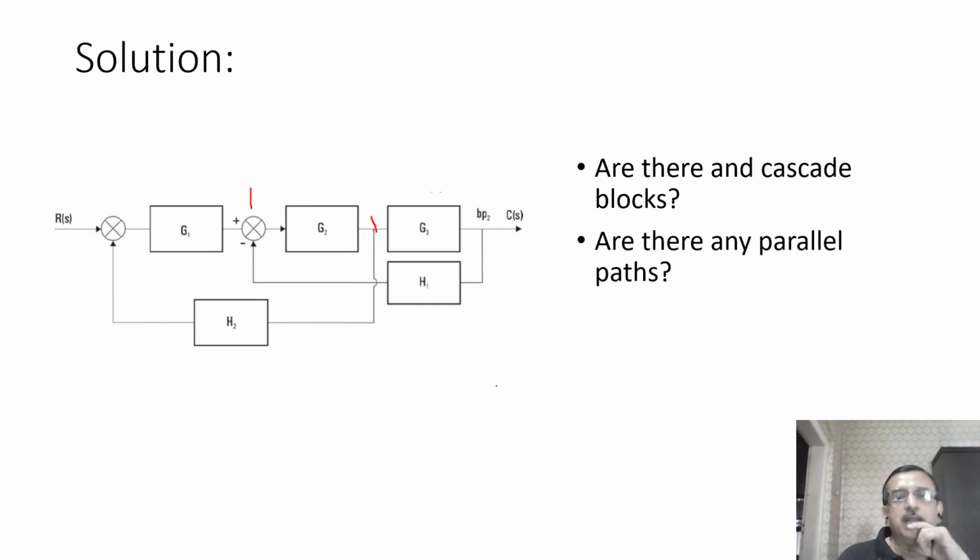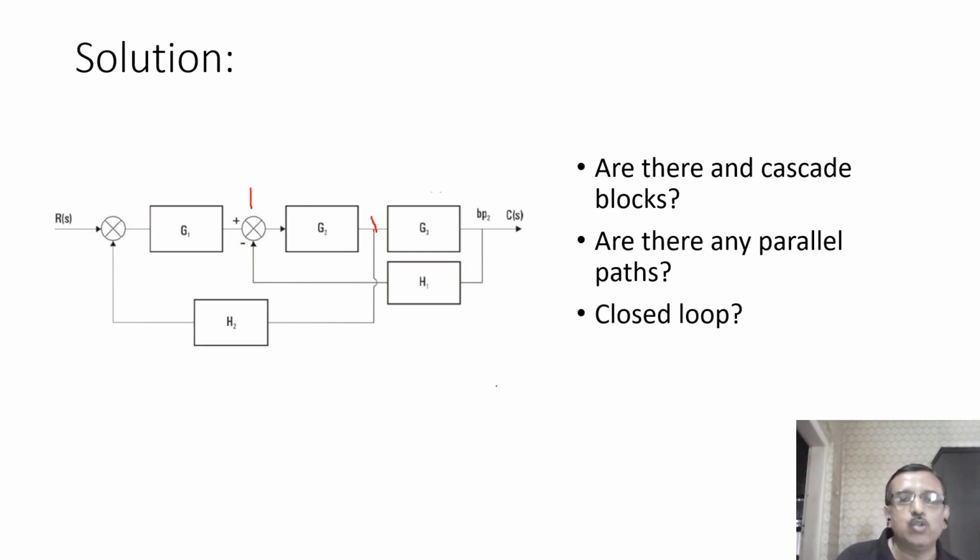Are there any parallel paths? No, there are no parallel paths as such, because we know from the last class that if there are cascade blocks, we could simplify them as G1 G2 G3. If there are parallel paths, you remember it could be simplified as G1 plus G2. So there are no parallel paths also.